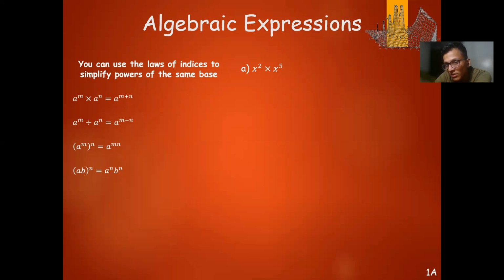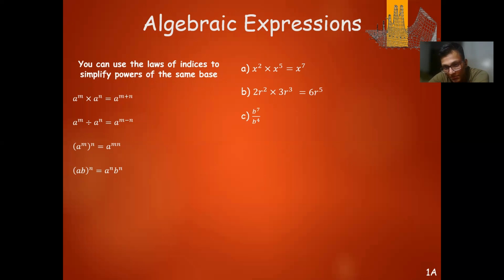So x squared times x power 5 will basically equal x power 7. Moving on, here we have the same bases, but different constant values. Firstly, let's take the multiplication of 2 and 3, that will be equal to 6. And we add the powers for r. That will mean it will be equal to 6r power 5.